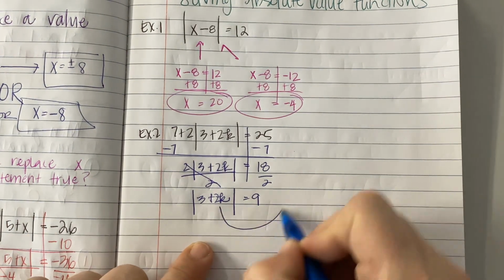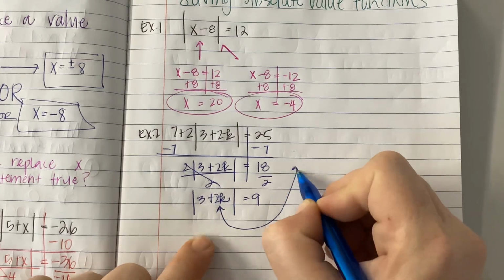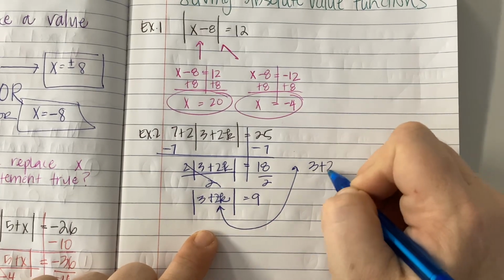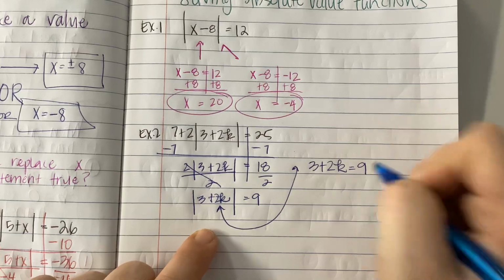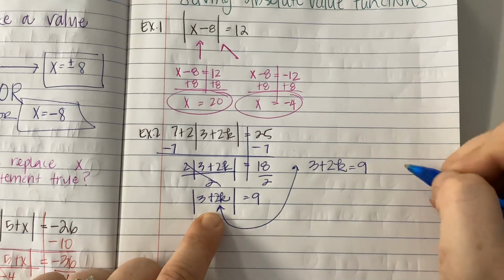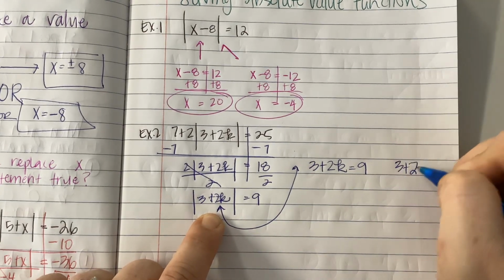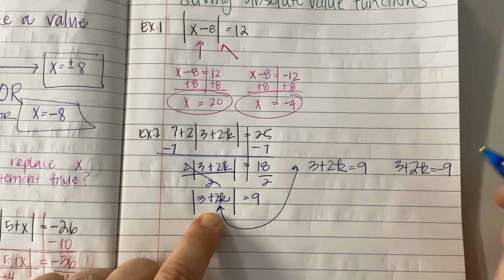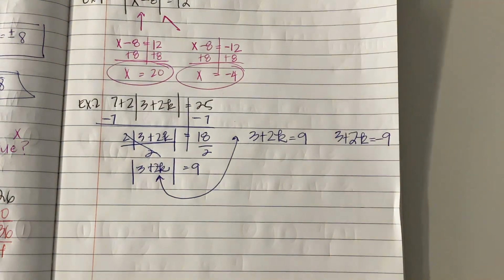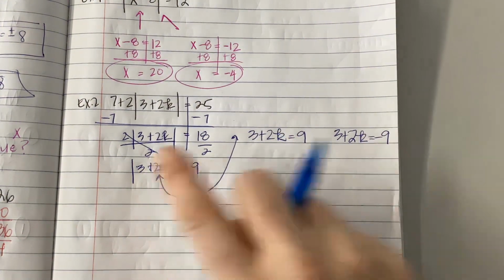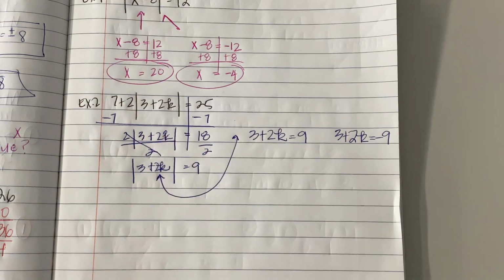So I'm going to do 3 plus 2k equals 9, and 3 plus 2k equals negative 9. Because those are my two solutions that I can put in here to have an absolute value of 9.